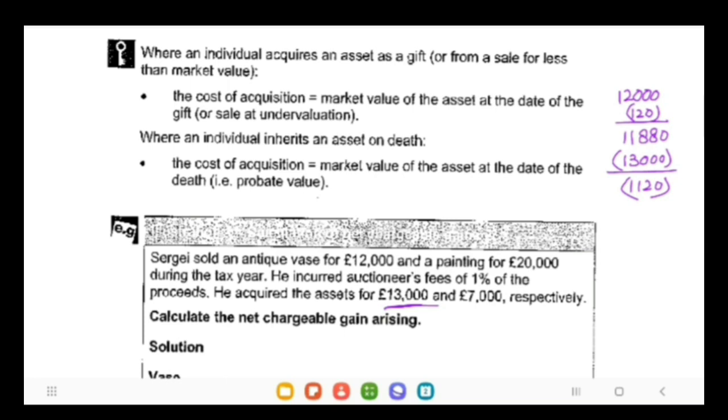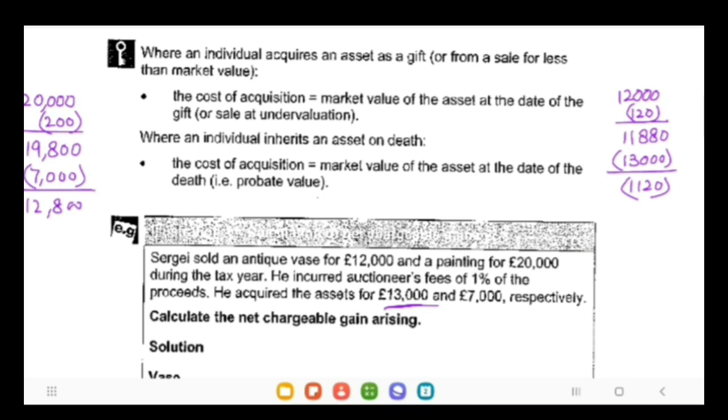While in case of the painting, we need to consider the sale proceeds, which is 20,000, less selling expenses, 1% auctioneer's fee meaning 200, and you will get the amount of 19,800 as net disposal proceeds. Deduct 7,000 of acquisition cost or allowable cost from this, and you will get the chargeable gain on the sale of the painting, that is 12,800. Now to calculate the net chargeable gain, you have to consider that Sergi has sold two assets during this year.